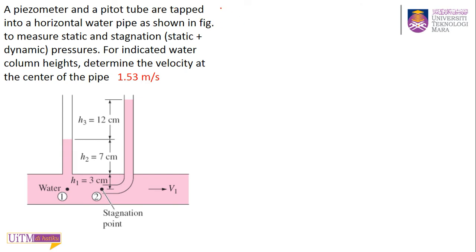Alright, so first you write your continuity equation, and this is A1 V1 equal to A2 V2, and V1 equal to A2 V2 over A1. So this is one first equation.